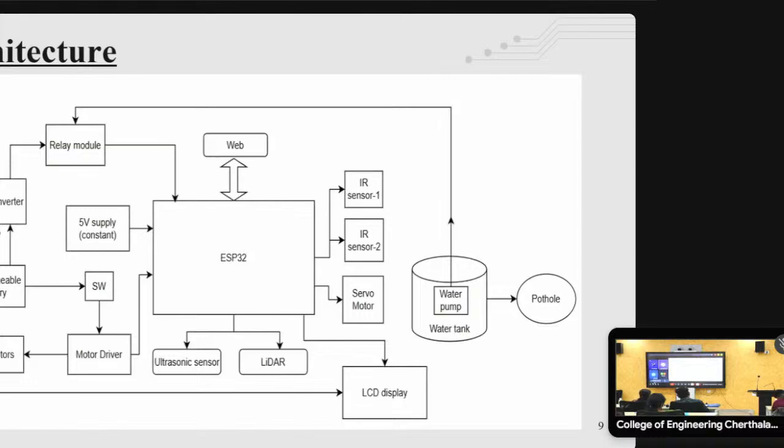Then the main one, the LiDAR, provides the detection of the pothole. For power supply and maintenance, a buck converter is used for stable power transfer.